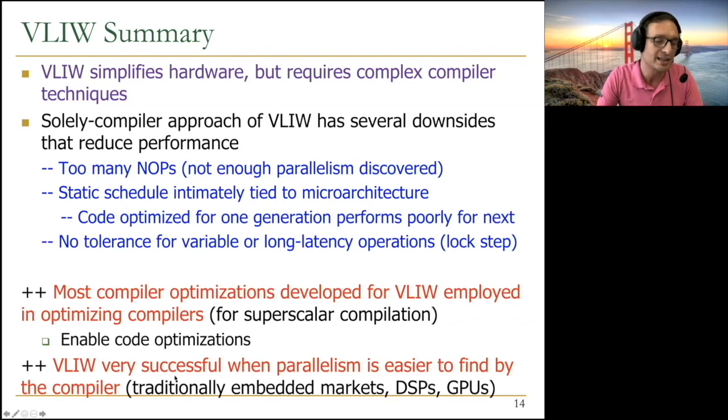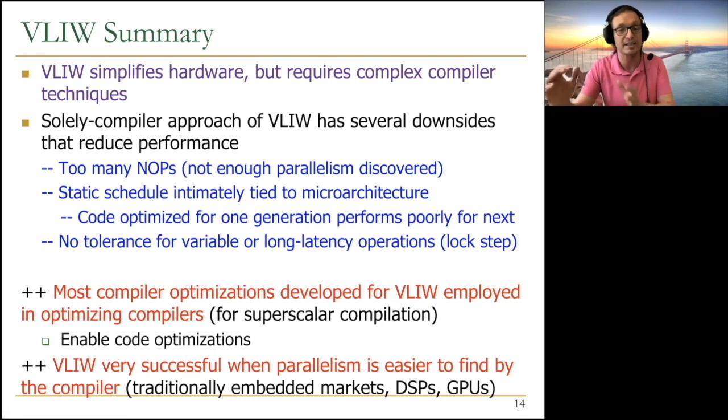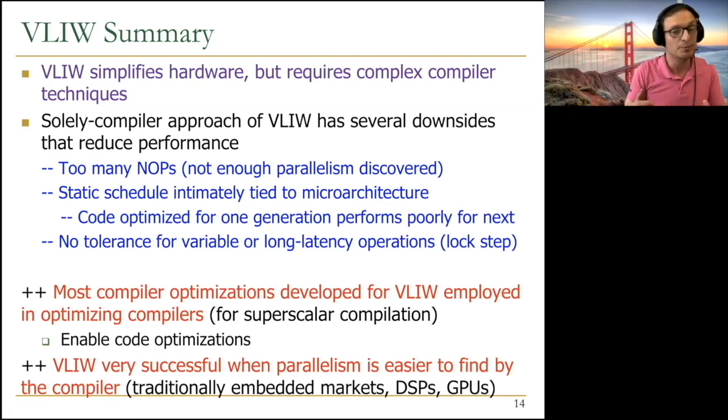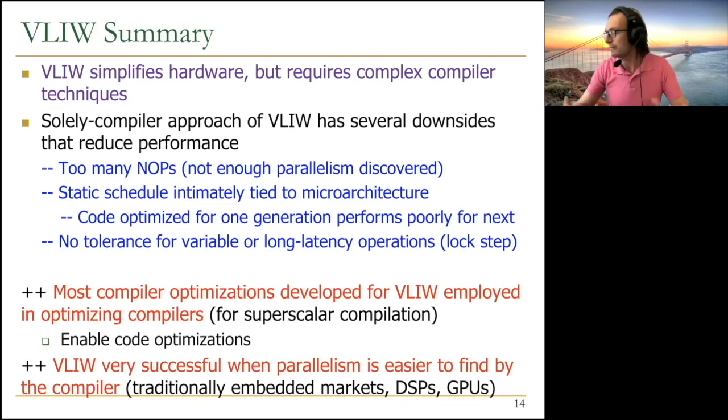And also VLIW has been very successful when parallelism is easier to find by the compiler. This has been true in traditionally embedded markets, DSPs, and in early forms of GPUs where your target was really graphics. Today's GPUs have evolved into more general purpose engines. So graphics is a domain where you have a lot of parallelism, right? You're processing an image, for example, or a video.